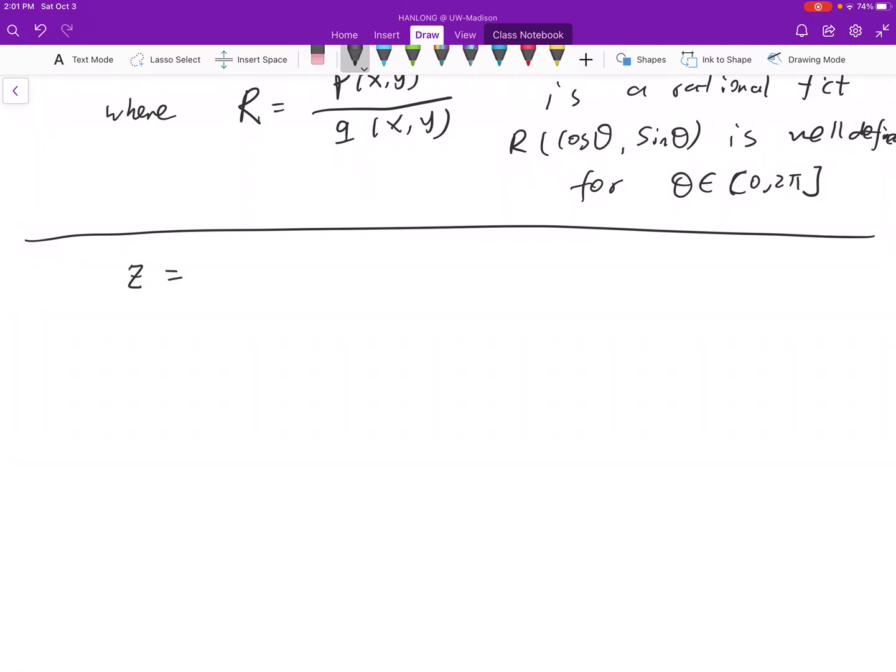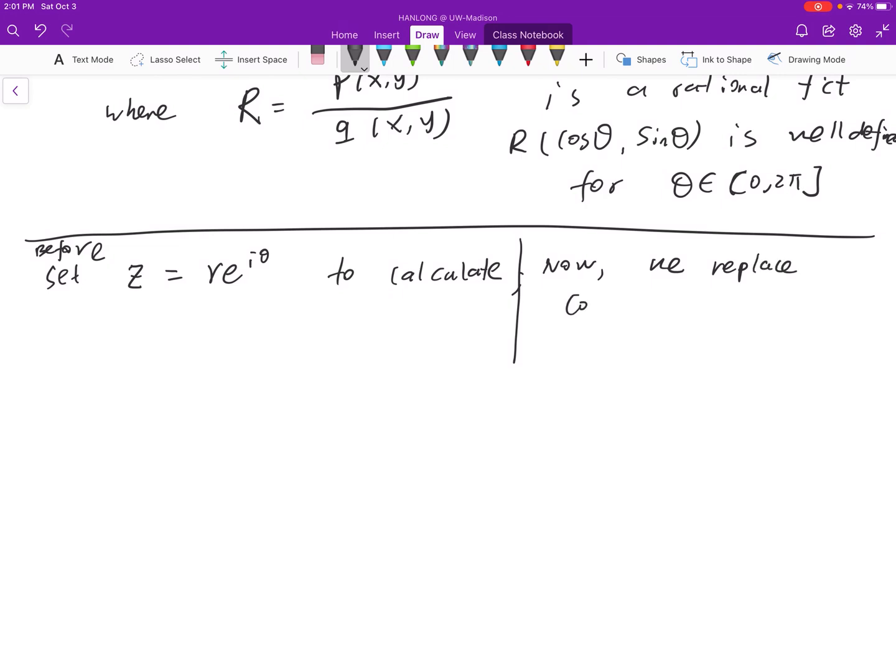Before we set z equals r e to the i theta, now we replace cosine and sine by functions of z. So that's a key idea.